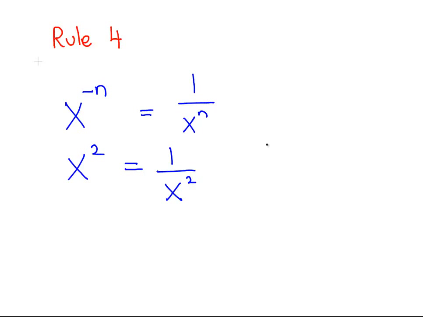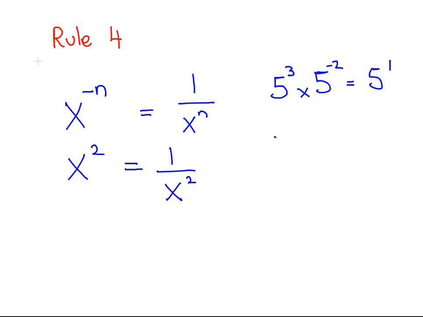For example, let's say 5 to the power of 3 times 5 to the power of minus 2. If you add the powers together, you would get 5 to the power of 1.